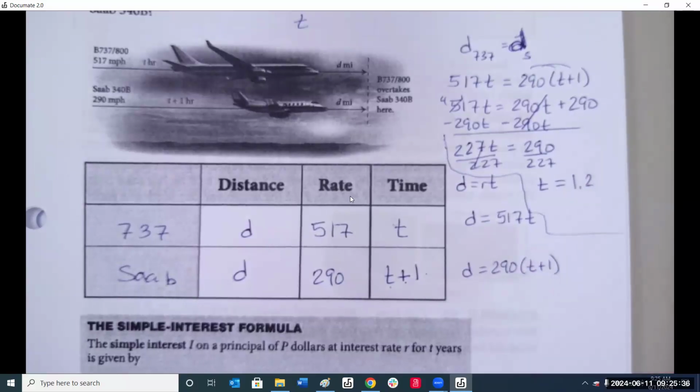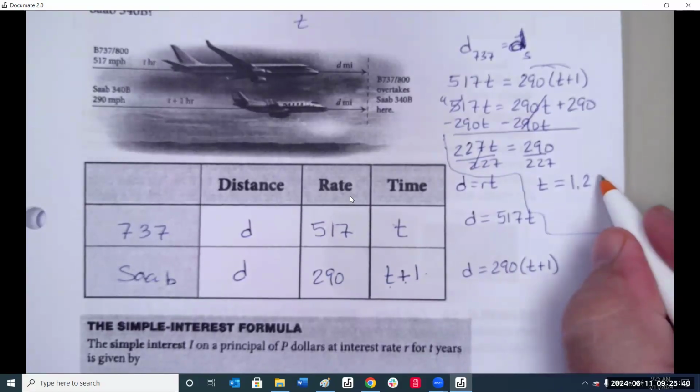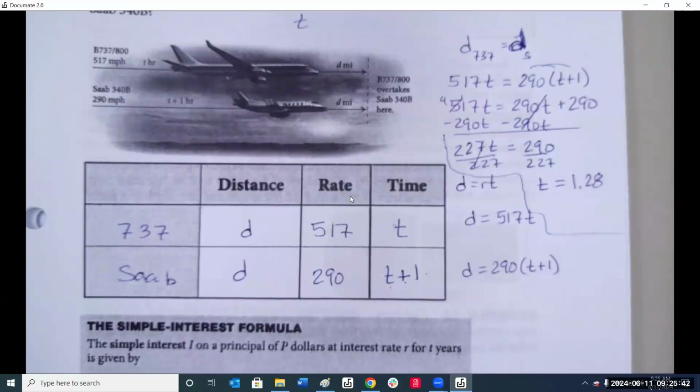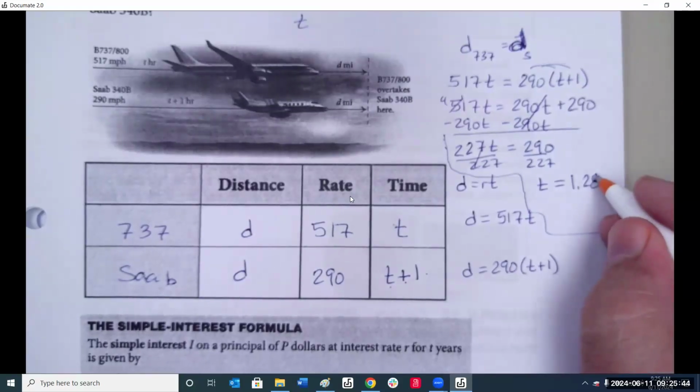Or is it 1.2777? Yeah, so we'll make it 1.28.